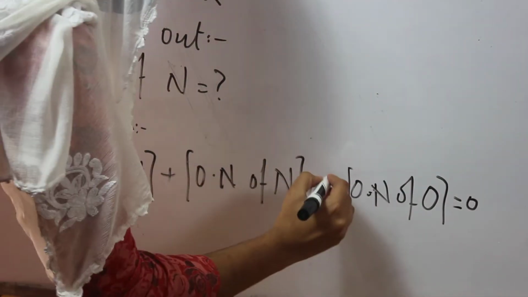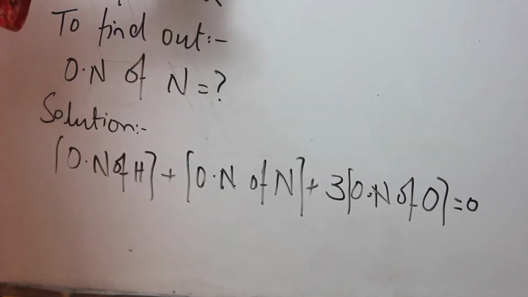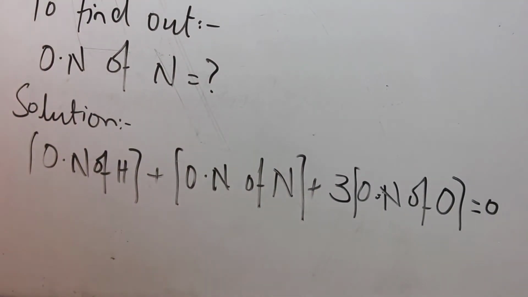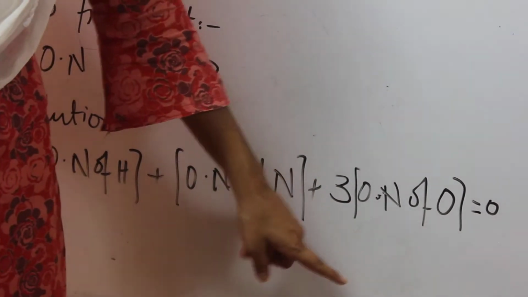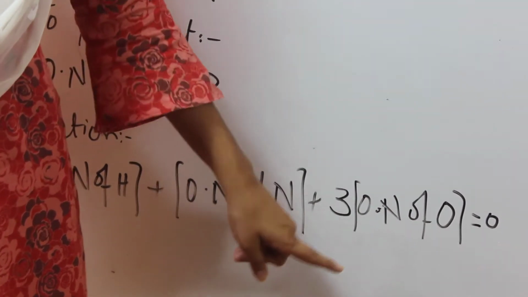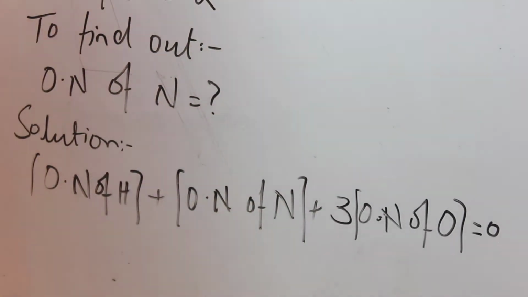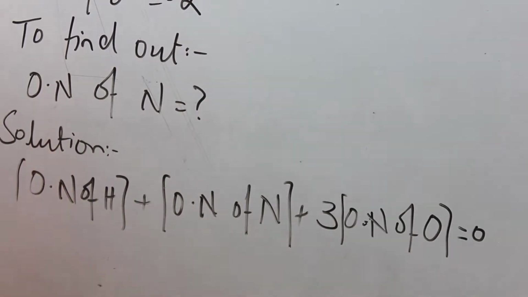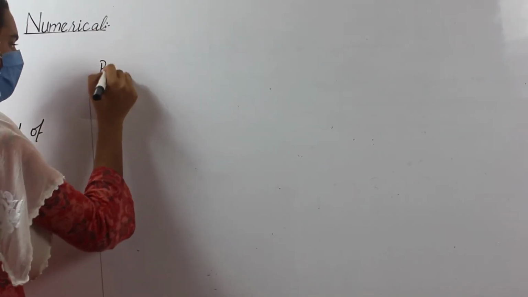Here we put 3 because in nitric acid, 3 atoms of oxygen are present. That's why the oxidation number of oxygen is multiplied by the number of atoms of oxygen. Okay, now we are going to put in the values of these oxidation numbers.